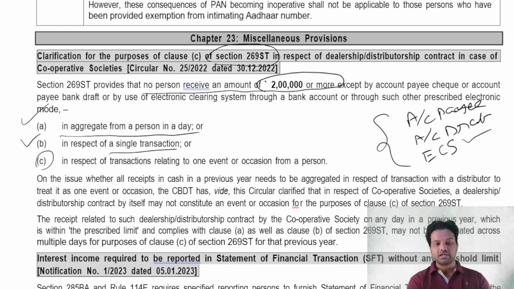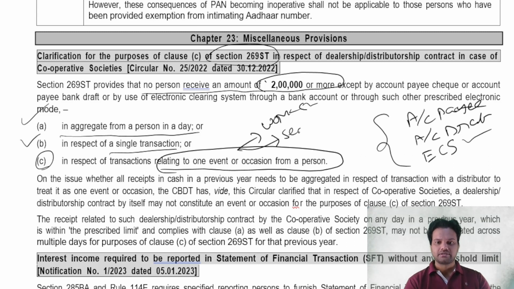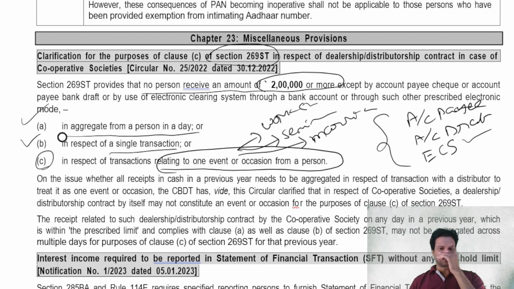Point C says in respect of transactions relating to one event or occasion from a person. Let me give you an example. There is a workshop, a seminar, or a function, a marriage function or any other function. If this happens for 3 days, that is an event, an occasion.